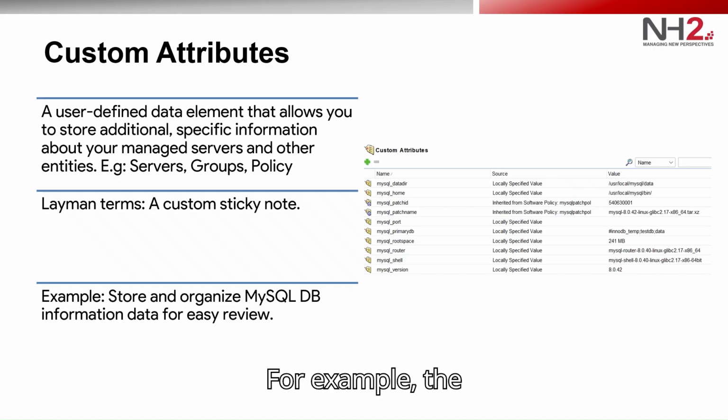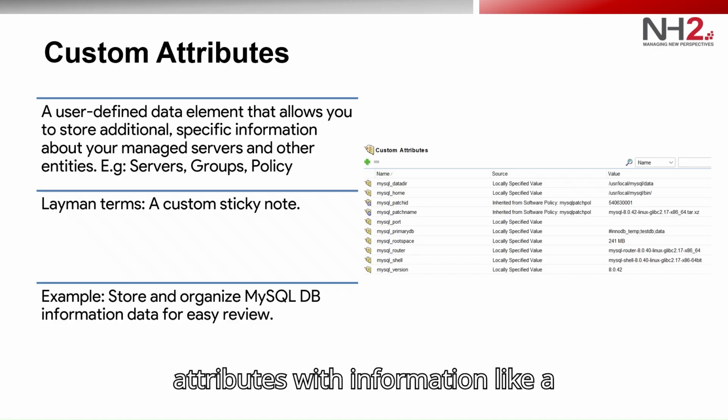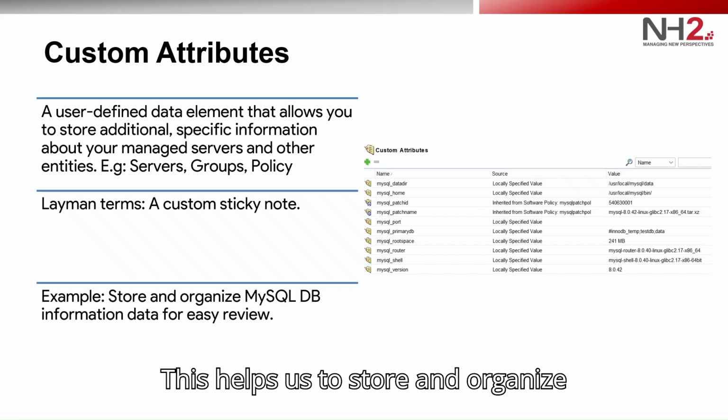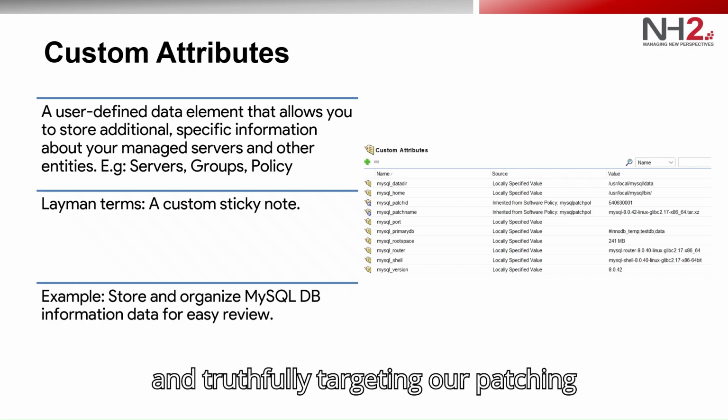For example, the discovery script populates the custom attributes with information like the database version, its SID, its patch level, and more. This helps us store and organize the database information, and we can use it for easy review, reporting, and crucially, targeting our patching scripts.